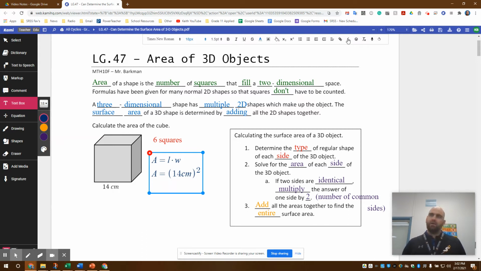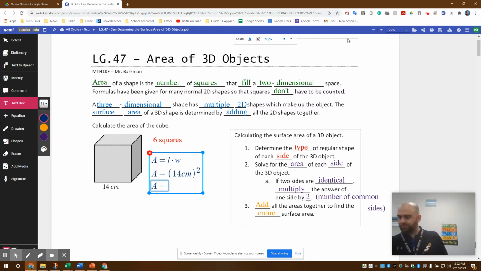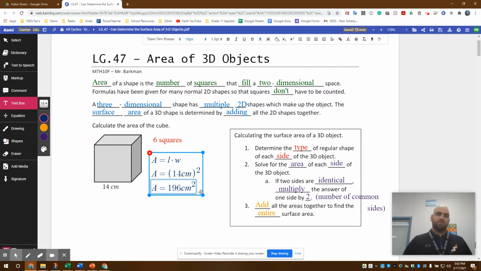And so the area of one side is 14 times 14, or 196. That is equal to one square.